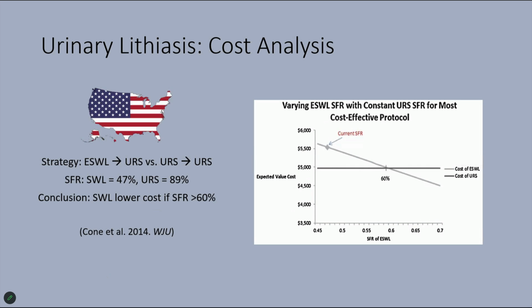So using these per treatment costs, both studies then considered pathways achieving stone-free state for patients with ureteric stones, starting with either an upfront SWL or ureteroscopy. Cohn et al. favored not retreating with SWL and using their cost data and stone-free rate from their own retrospective cohort of 130 patients. They concluded that SWL was more expensive unless stone-free rate was greater than 60%.